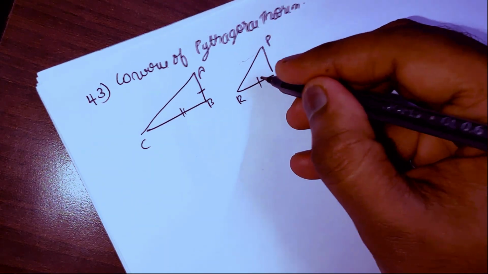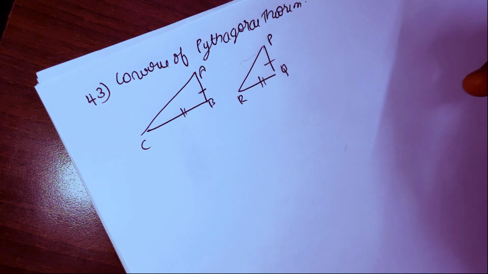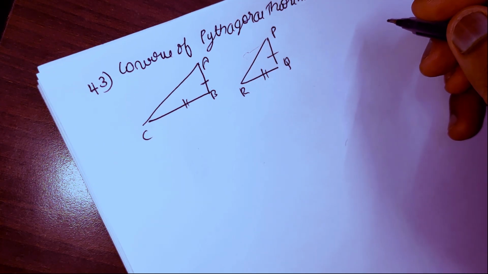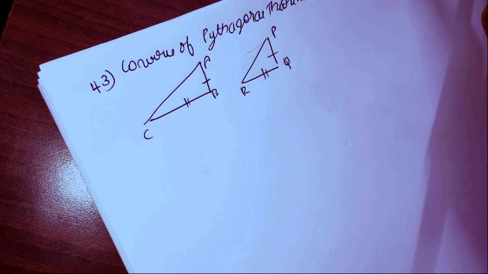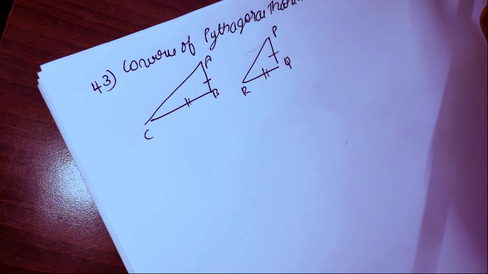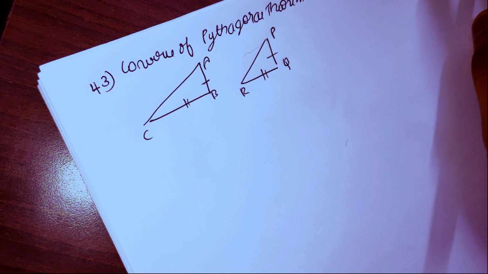The converse of Pythagoras states that in a triangle, if the square of one side is equal to the sum of the squares of the other two sides, then the angle opposite to the first side is a right angle.